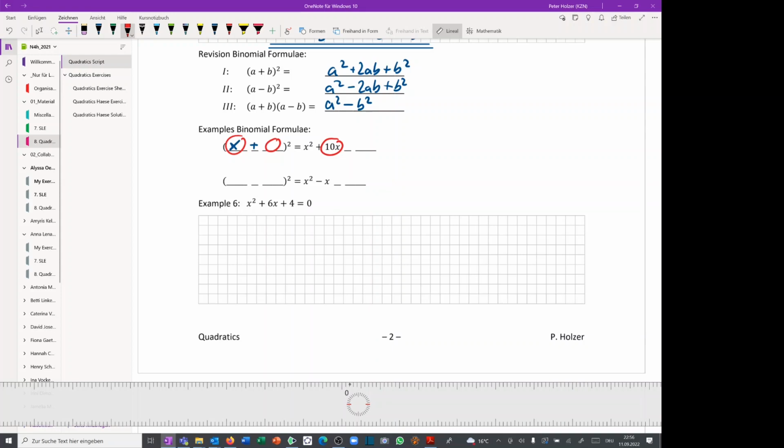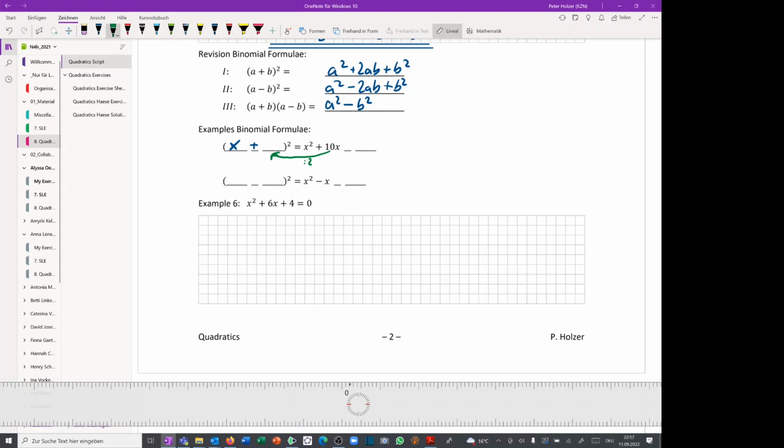Well, the x we have already, so this means just 2 times whatever is missing here has to be 10. Or in other words, what we have to do is we just divide the 10 by 2. We divide the 10 by 2 and we get the result is 5.